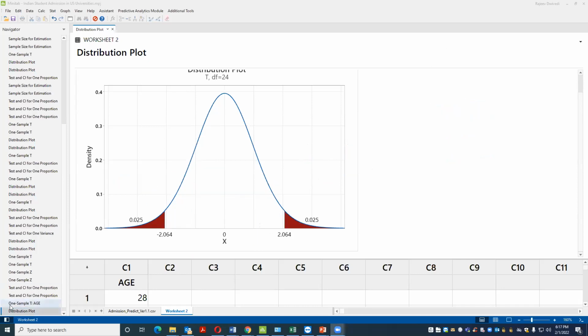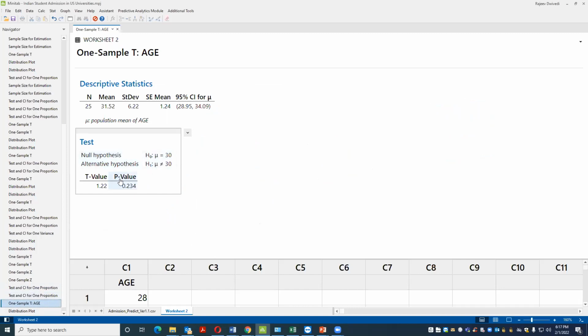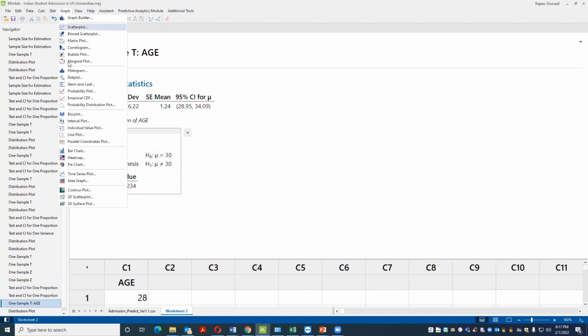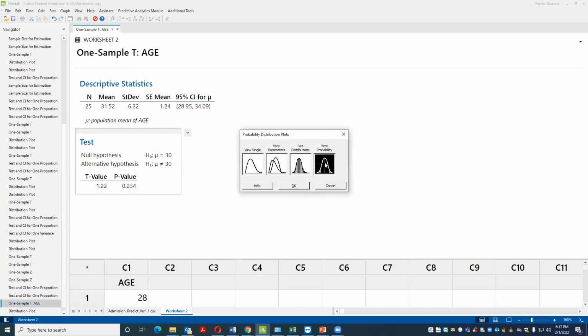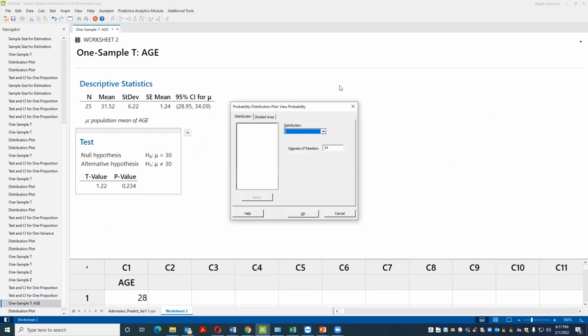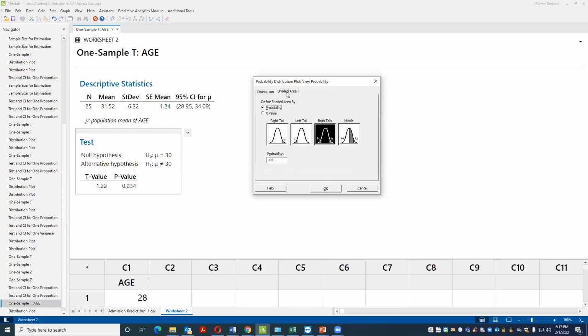So another option is to use the p-value. So 0.234. Let me go to the graph probability distribution, and I go here and T again. So basically I'm just going to do it here. Now I would like to put in the probability value, 0.234.